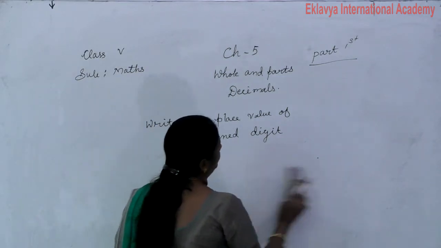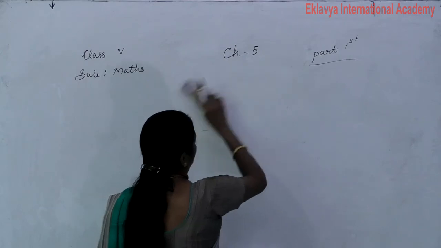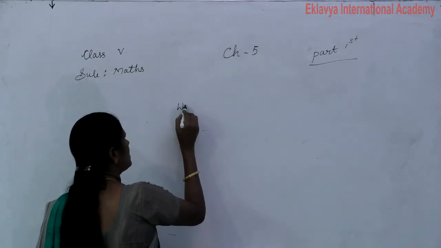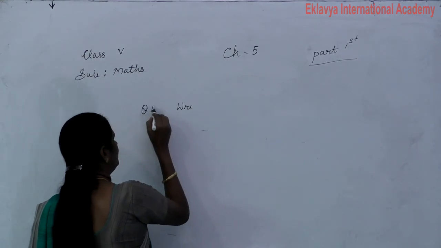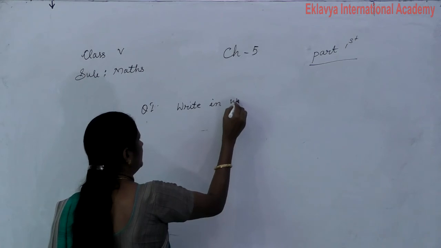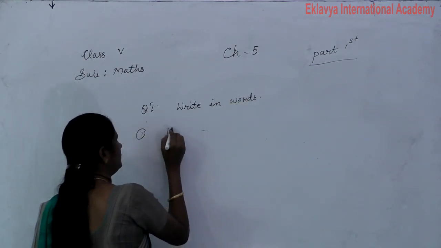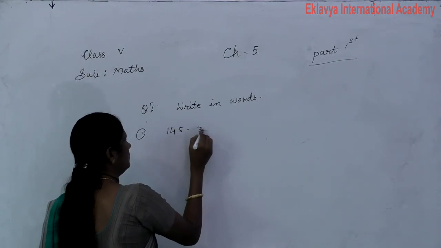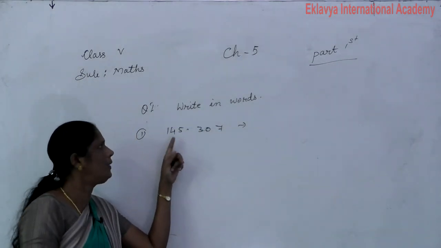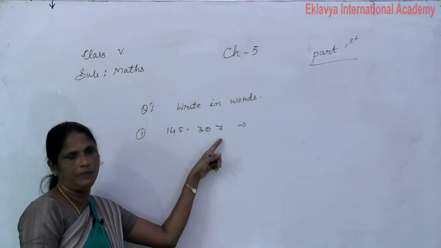I give some homework for you. You do this. First, write in words. How to read? Read this number: 145.307.